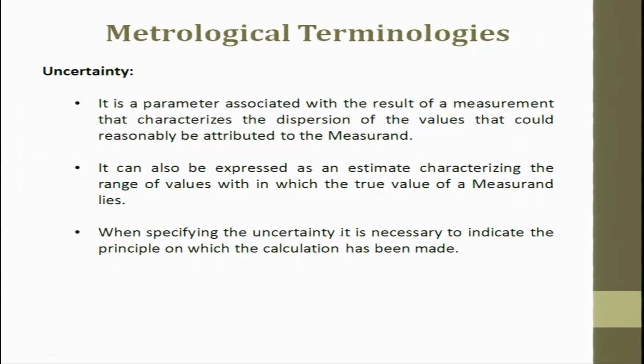What is uncertainty? It is a parameter associated with the result of a measurement that characterizes the dispersion of values that could reasonably be attributed to the measurement. It can also be expressed as an estimate characterizing the range of values within which the true value of the measurement lies.